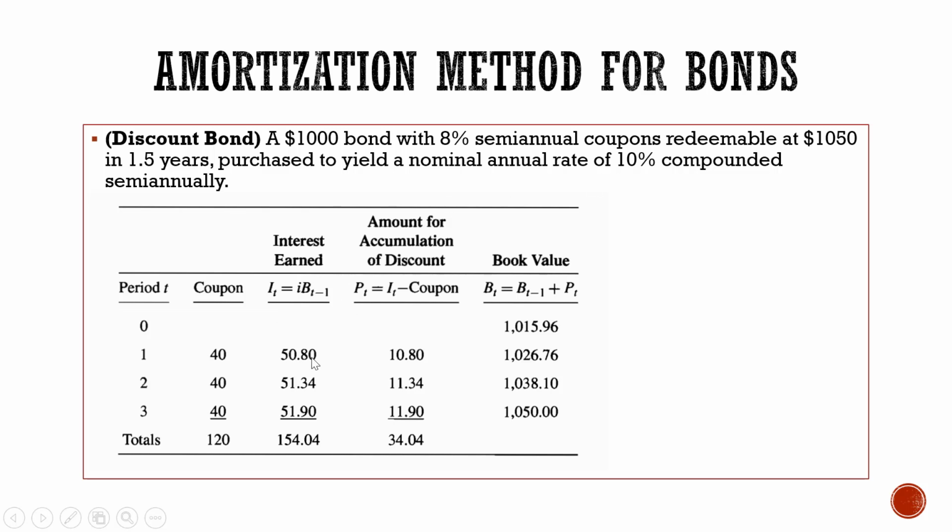So the interest earned is 0.05 times the last book value, which is 1,015.96, and you got 50.80. Here you see that in the amortization schedule for a discount bond, the interest earned is greater than the coupon.